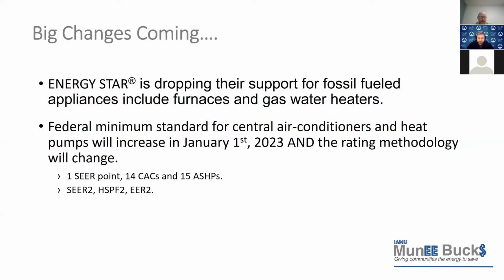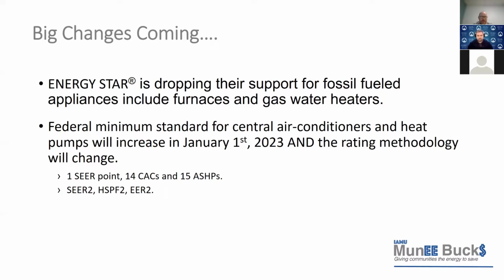And then, of course, the big thing here is with air conditioners and heat pumps, the federal minimum standards going up on January 1st, which basically means the inventory is going to be exhausted throughout this year, just so everybody knows. Now they might have a little lag, but we're going to start seeing the impacts of this right now. And what's going to happen there is you're going to see a conventional SEER point change.